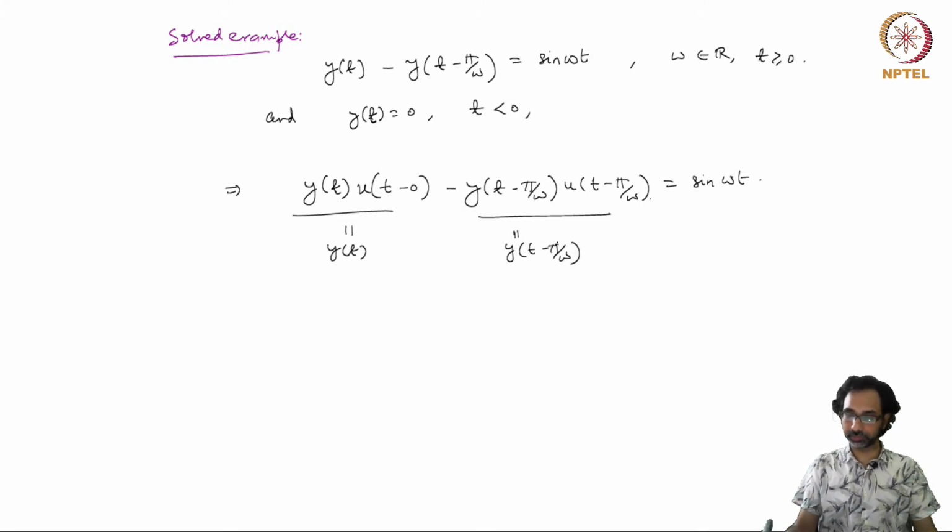Because the Heaviside unit step function is simply taking a unit step, this one at t equal to 0 and this one at pi over omega, and before that it is 0. So this will conform to the fact that y(t) equals 0.